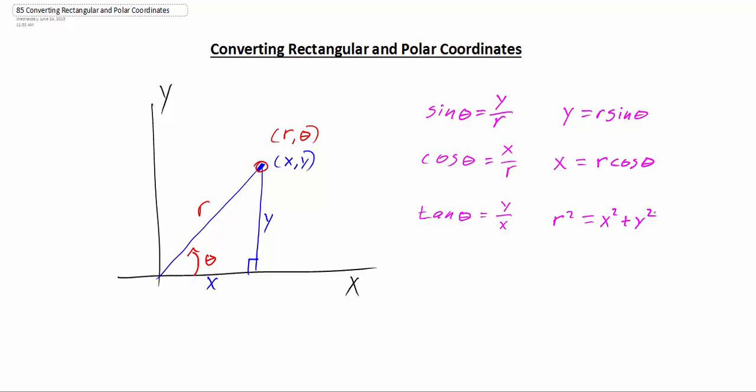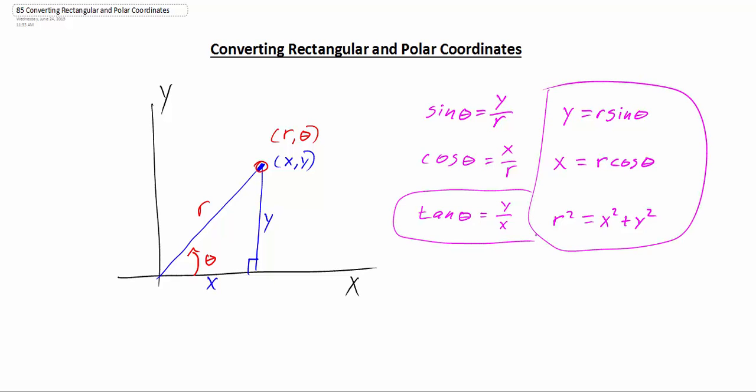So we're mainly going to be using these three here, and we will also use this idea of the tangent, theta is equal to y over x. Looking at this, we can see the relationship that we have here. Over x and y is our rectangular coordinate, and we can get to this same point by rotating around some angle theta and going out the directed distance of r out to this particular point.